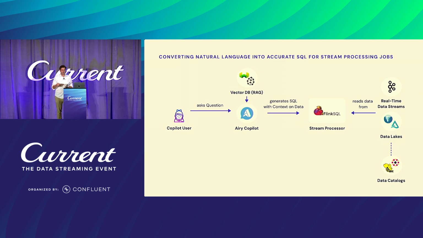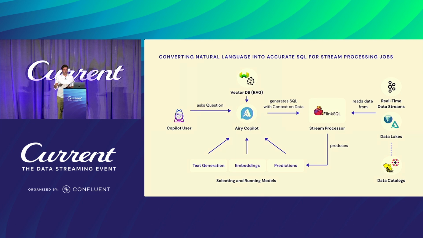Then as a next step, the Copilot would decide which model to use and then run the relevant model so that the stream processing engine can produce, let's say, text generation, embeddings, or even predictions about the future, in case you have a matching machine learning model that can give you a meaningful prediction.